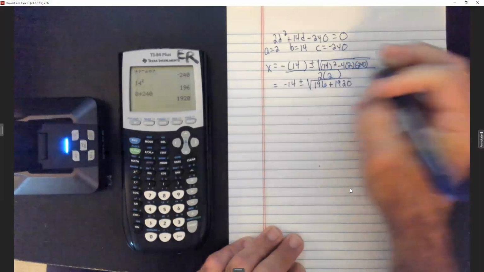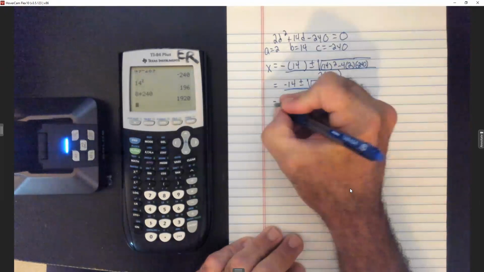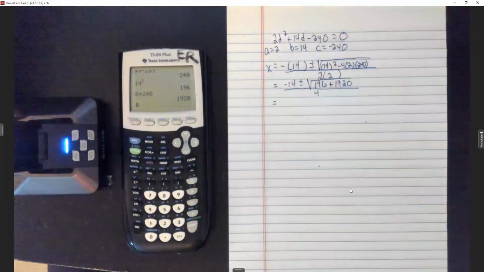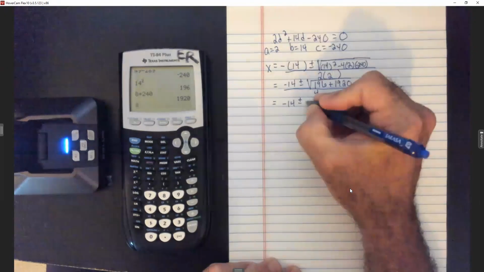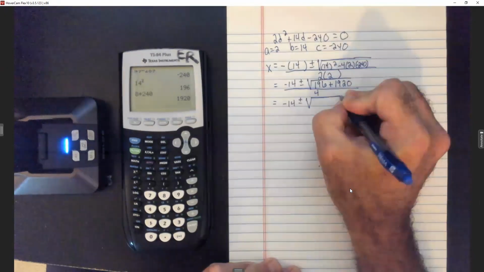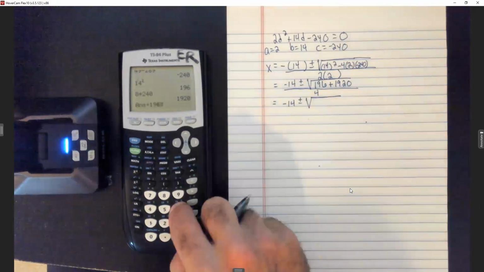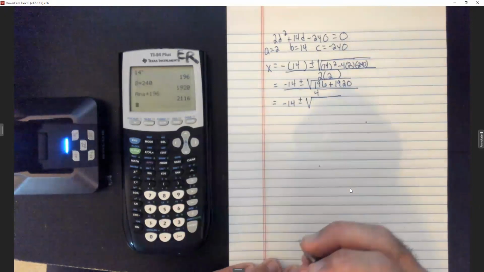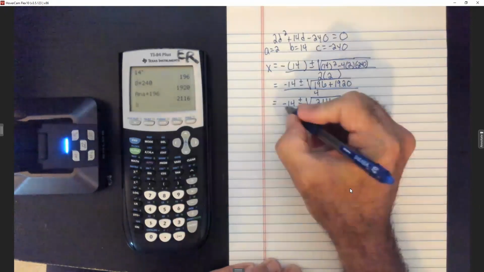All that's over 2 times 2, which is 4. Woo, big number under that radical. So negative 14 plus or minus, 1920 plus 196 gives me 2116. All this is over 4.